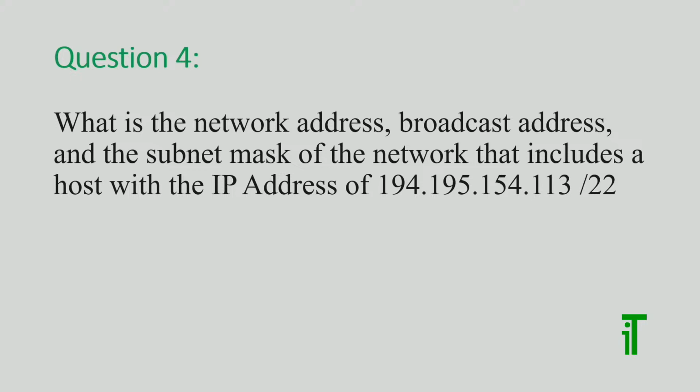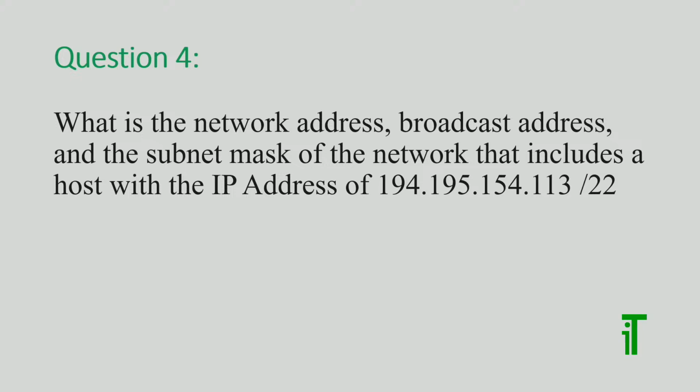So there's a network, and we don't know the network, but we have an IP address on the network, and they want us to find the network ID, the network itself, and the broadcast IP address, which is actually the last IP address on the network, and the subnet mask.